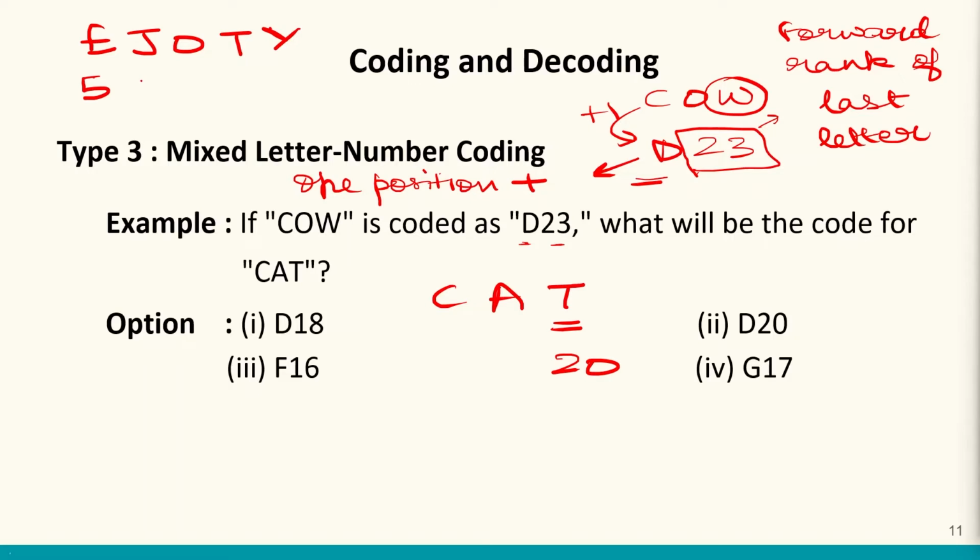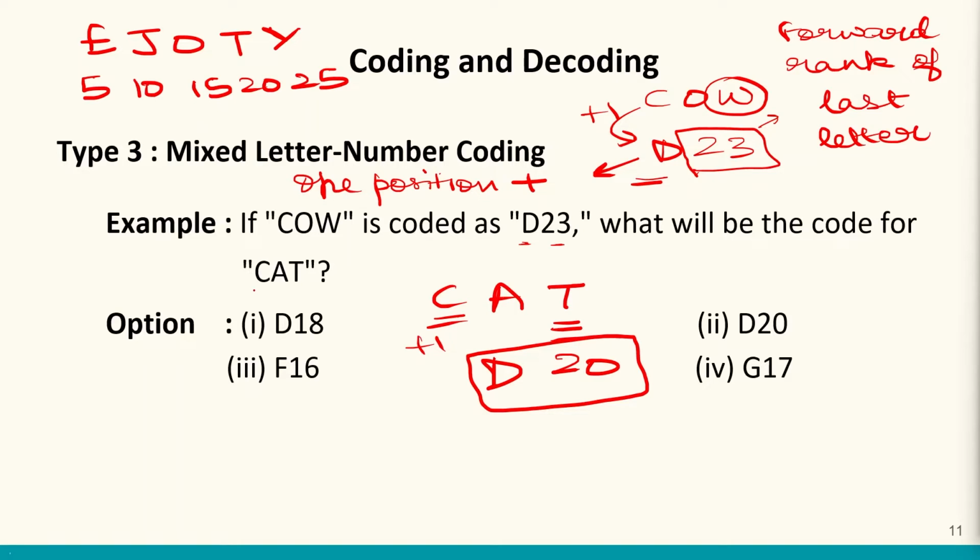E is ranked at 5, J at 10, O at 15, T at 20, and Y at 25. So T will be 20, and C will be +1, that is D. So my coding for this word cat will be D20, which is option number 2. Okay, so this is how you solve mixed letter number coding.